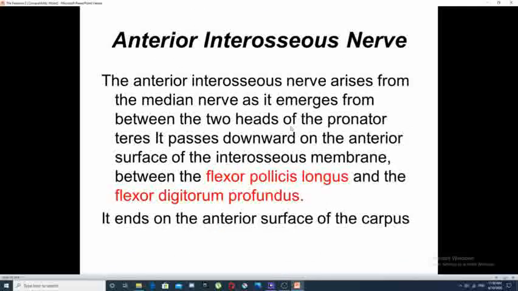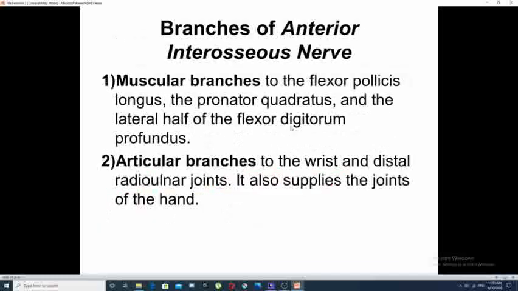The anterior interosseous nerve arises from the median nerve, as an important branch of the median nerve. As it emerges from between the two heads of pronator teres, it passes downward on the anterior surface of the interosseous membrane, and from this it takes its name, between the flexor pollicis longus and flexor digitorum profundus. It ends on the anterior surface of the carpal bones, or the carpus.